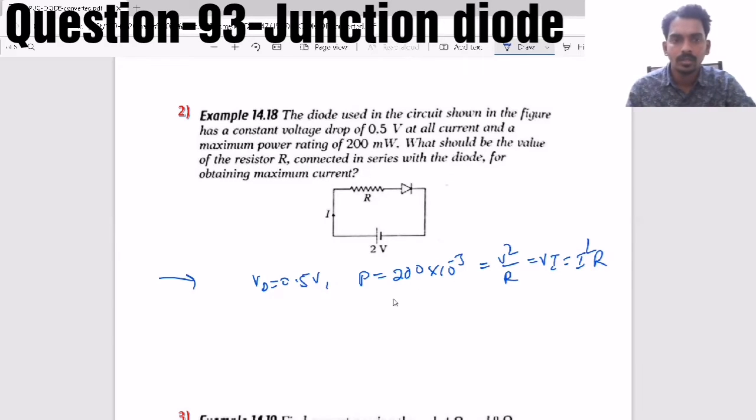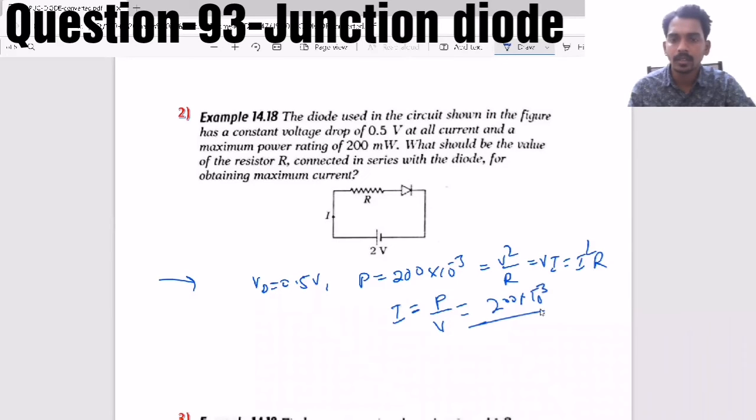So when you consider P equal to V into I, the current in the diode will become I equal to P by V, where P is 200 into 10 power minus 3 and the voltage is 0.5. Then you will get the current in the circuit.